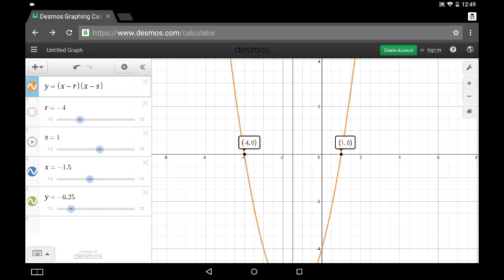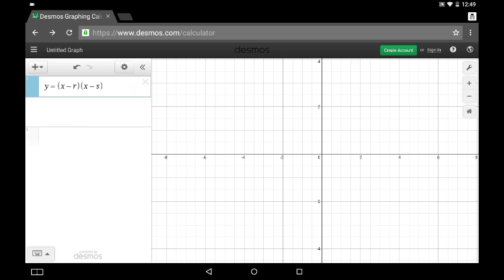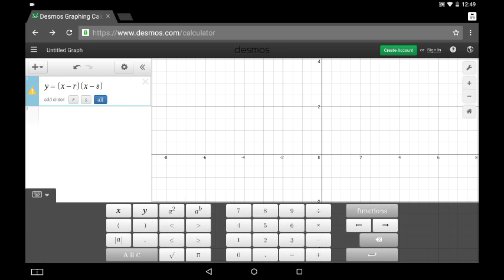So if r, the first bracket here, x minus r, if r is -4, notice where the x-intercept is? It's at -4. S is at 1, and the intercept's at 1. So what happens if we take our r and s and change those to those numbers?